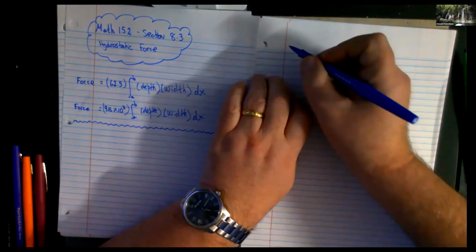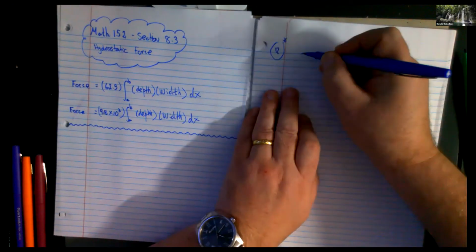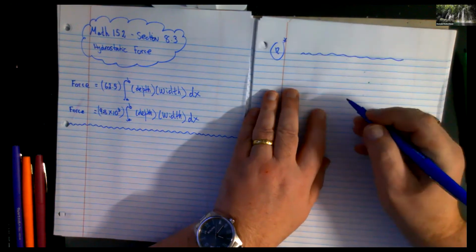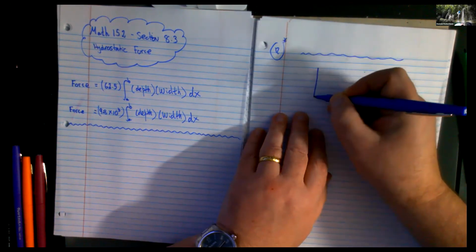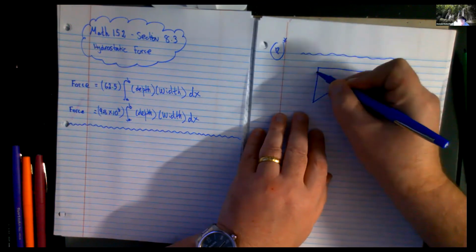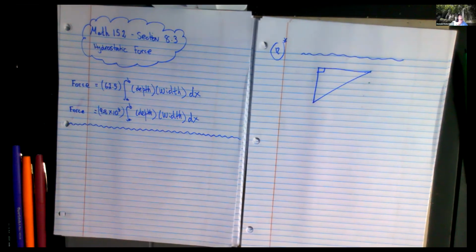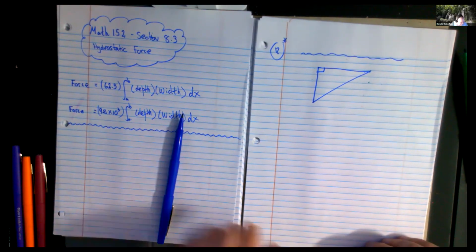So this is the second example, and this one is like question 12. They've got it written down and they've actually got a picture, but the picture doesn't have all the information on it. So I'm going to draw my version of their picture. You've got a right angle triangle, looks like that. The triangle has a height of 6 feet and a base of 8.